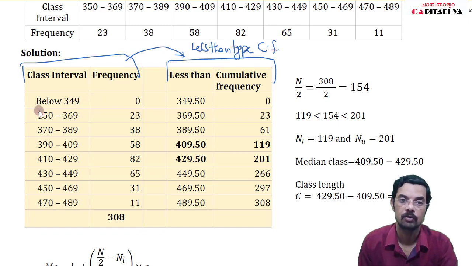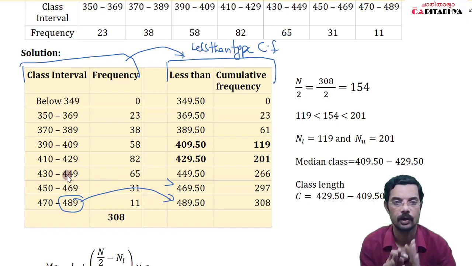We convert each one of them to the exclusive form, and then we get 349.50, 369.50, 389.50, 409.50, 429.50, 449.50, 469.50, and 489.50.